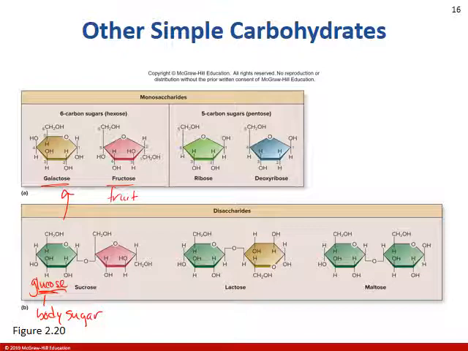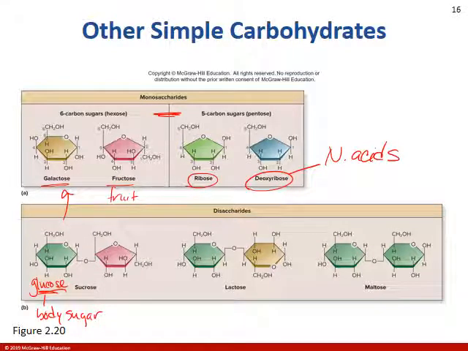The reason they're showing you these two side by side is that these two are going to come back later when we talk about nucleic acids. So remember the four macromolecules: carbohydrates, lipids, proteins, and nucleic acids. The basis of your DNA is a carbon sugar. So we are carbon life forms.